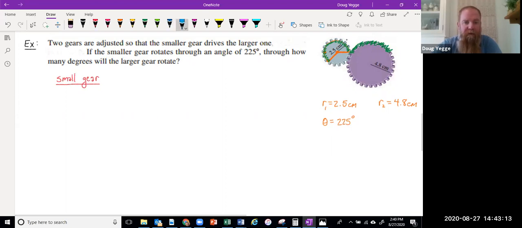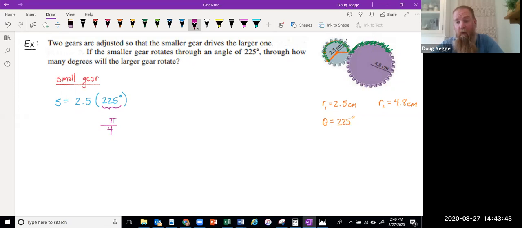So our arc length is going to be S equals 2.5 times 225 degrees. But again, this value must be radians. So if you think back to the 225 degree angle, it's a 45 degree reference angle in the third quadrant. So I know that that's going to be a multiple of pi over 4.